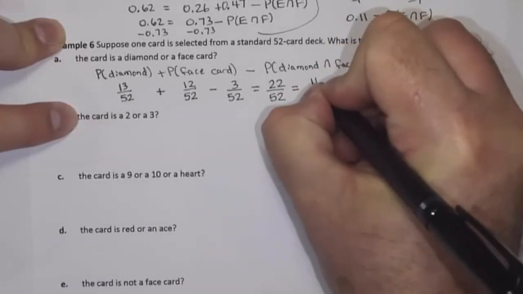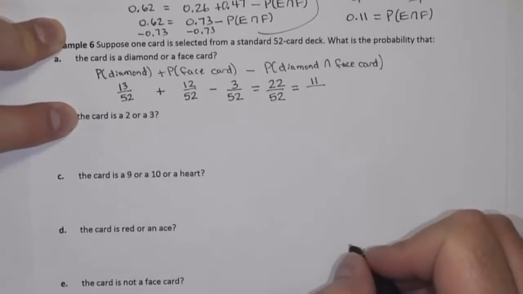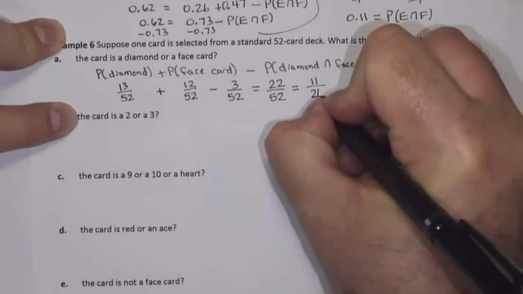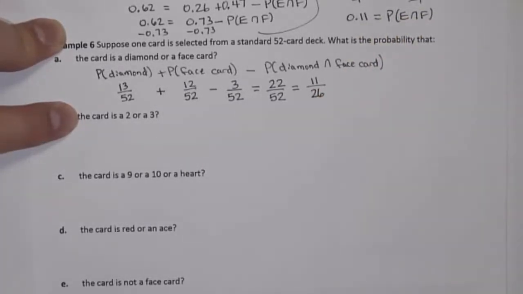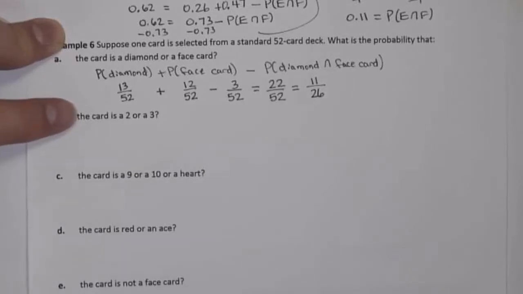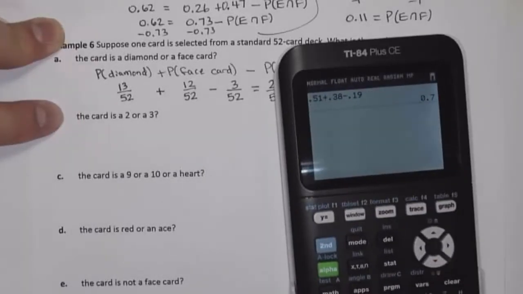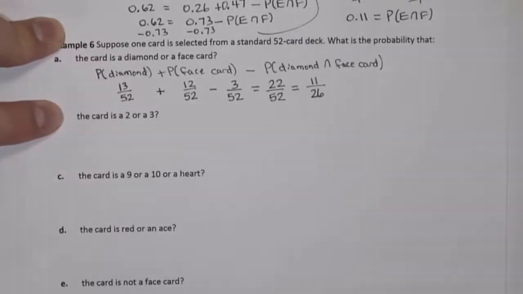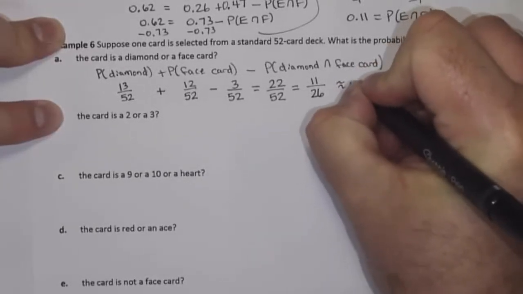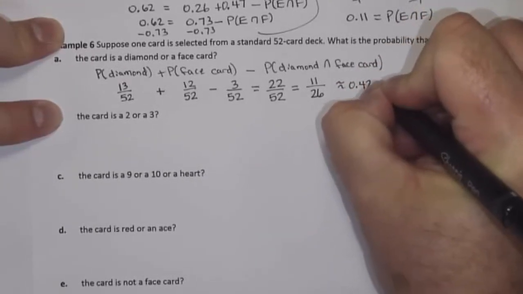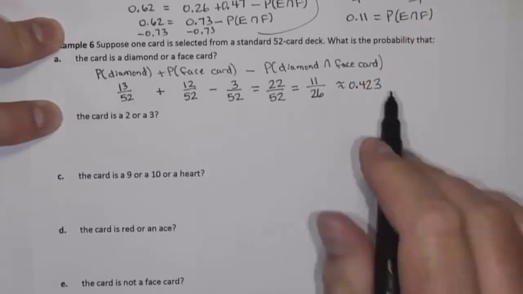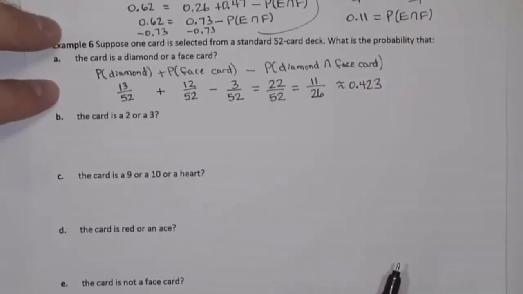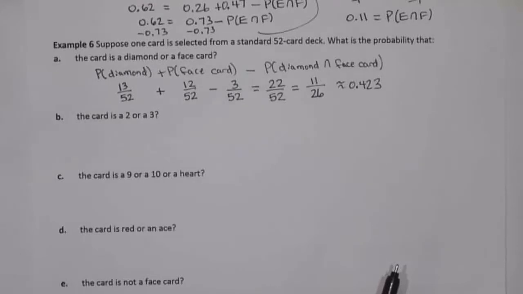So 22 divided by 2 is 11. 52 divided by 2 is 26. So we could reduce that and say that is 11 out of 26 probability. If you want, we could also change that to a decimal. So this would be approximately a 0.423 probability. So about a 42.3% chance that the card would be a diamond or a face card.